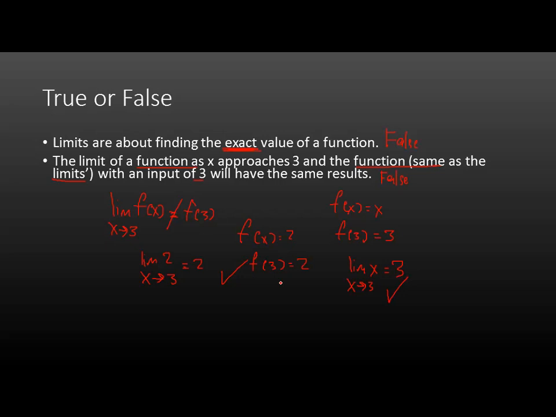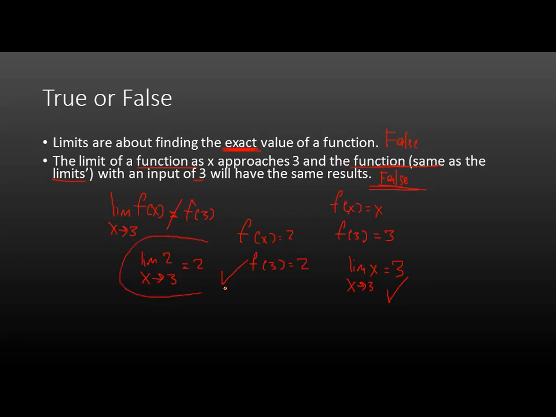Maybe there are some other functions that will result in the same thing for their limit version, but not all. So the answer is false. Not all will have the same value. Plus, it doesn't specify what type of function.